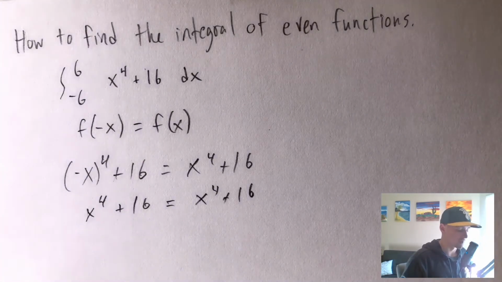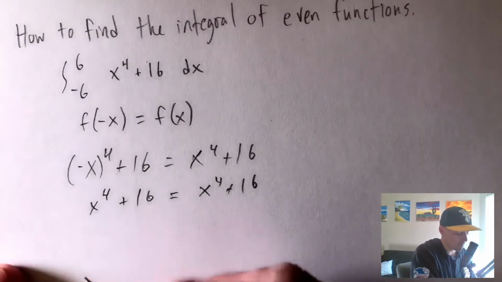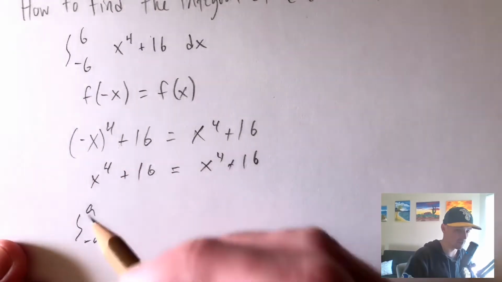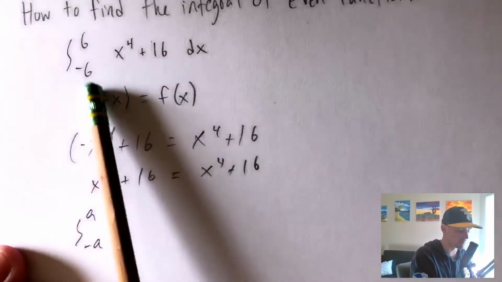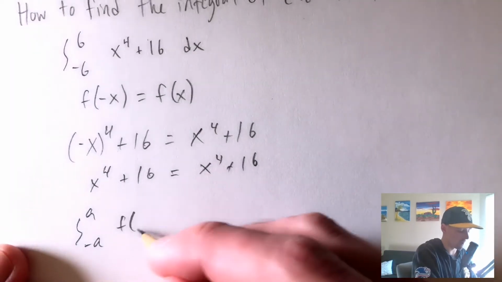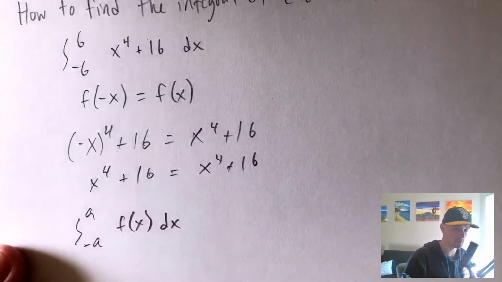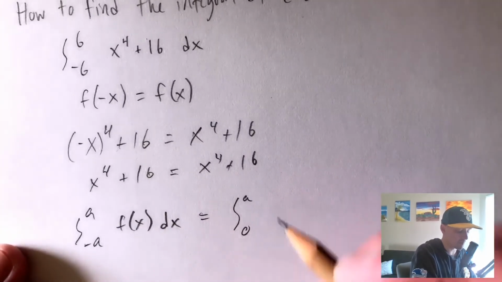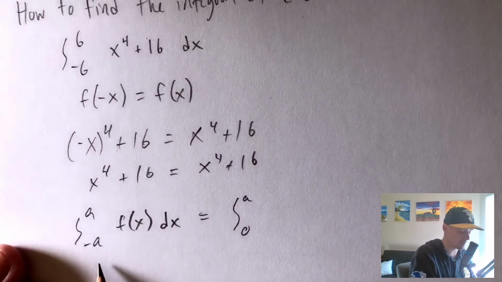So this little trick tells us if we are integrating an even function from the negative version of some number to the positive version of that same number, so -a to a, in this case -6 to 6, of some even function f of x with respect to x, we can rewrite this as the integral from 0 to a. So now we don't have to worry about this negative lower bound here.